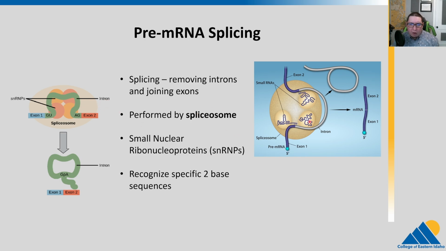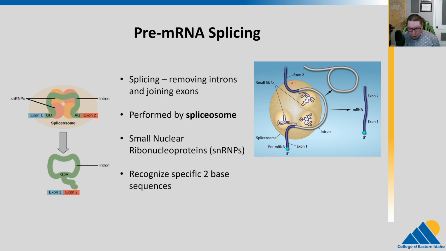In this, the spliceosome has both proteins and small non-coding RNAs. These are called small nuclear riboproteins, or SNRPs. That's a fun name for them. They recognize these specific sequences and create this little kind of like lariat structure here. It basically splices out the intron and sticks together the two exons.